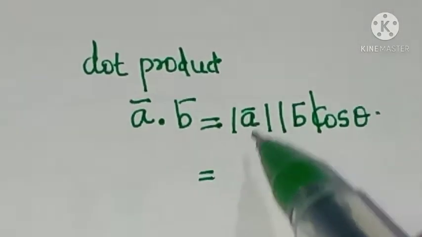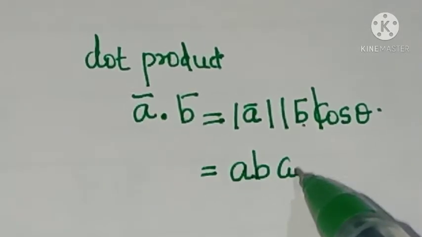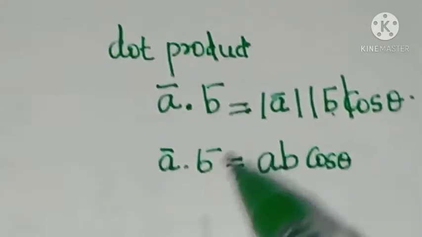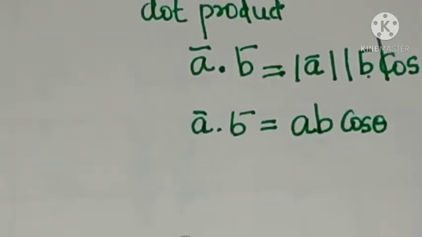Now magnitude of vector A is A, magnitude of vector B is B, cos theta. So dot product of two vectors is defined as AB cos theta. Is that clear? AB cos theta.